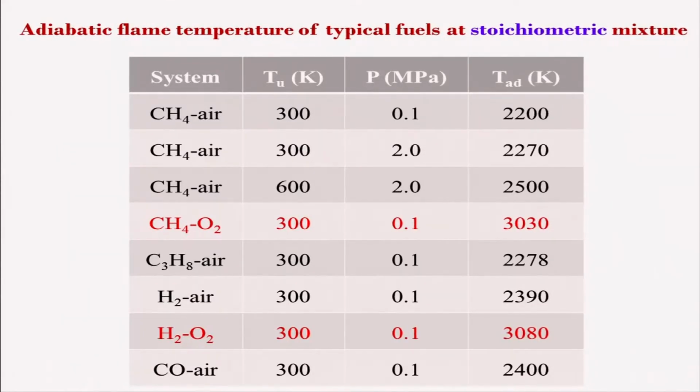Now, if I take hydrogen oxygen, it is a very high temperature, right, as compared to the hydrogen air, because the nitrogen is a diluent. So, therefore, it is absorbing a large amount of heat, and here the nitrogen is not there, therefore, this is higher.